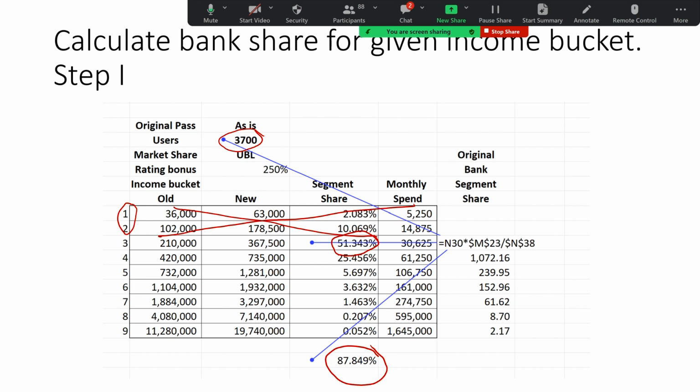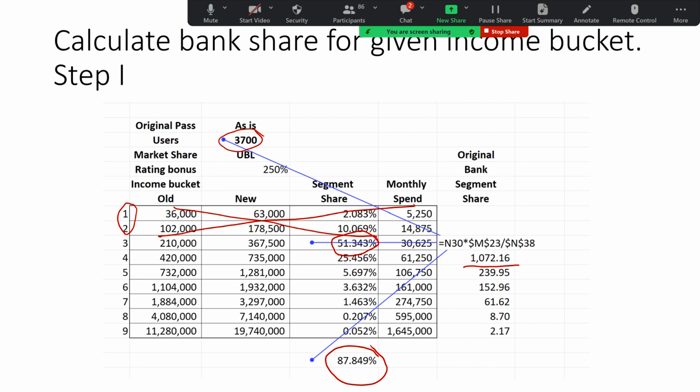So for example, for the fourth bucket, UPL has 3.7 million users. The fourth bucket, which is people who are earning up to 735,000 rupees a year, which is a monthly income of 60,000 rupees, UPL has about 1 million of these customers.